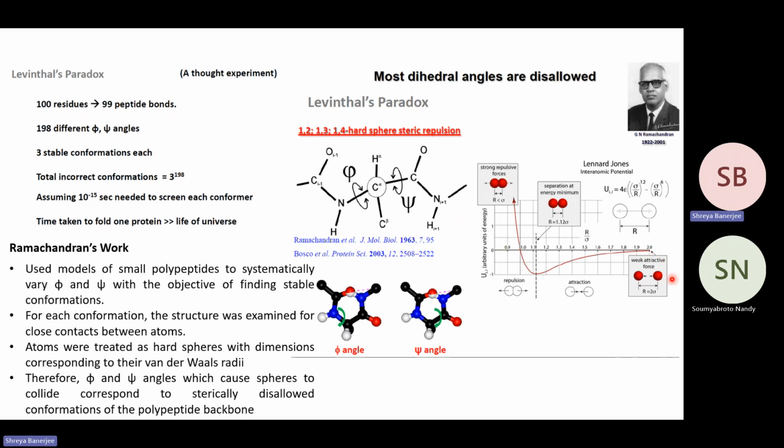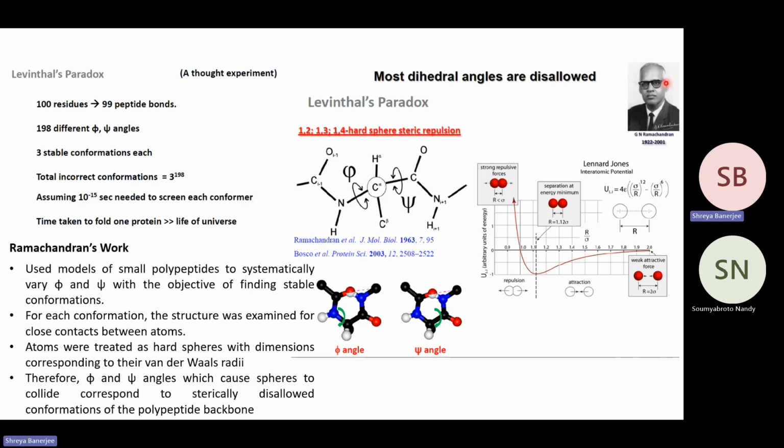When two atoms come close to each other, slowly the attractive forces increase until at a point the attractive force is optimized. If you bring the atoms closer than that, then repulsive forces act and the net van der Waals force becomes repulsive. So again, what this says is that not all phi and psi angles can exist, because at some angles there will be a large amount of repulsive forces between the atoms.